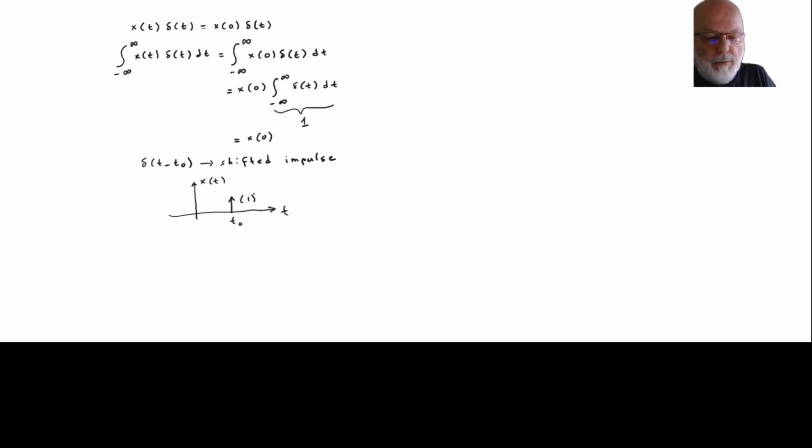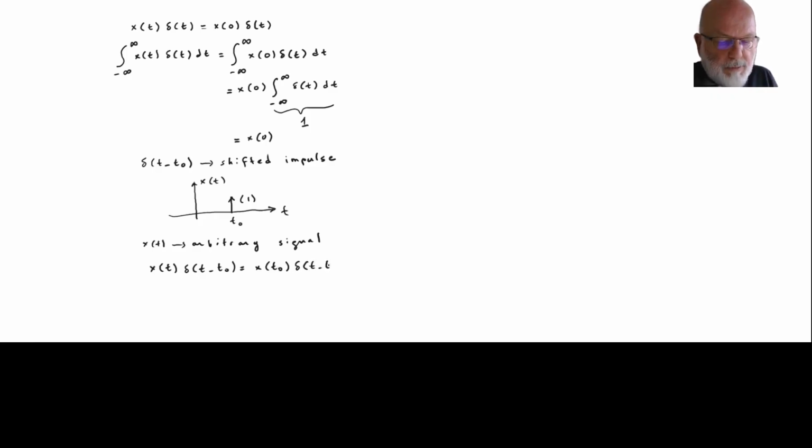Okay, now what about the product of x of t with delta of t minus t0 for an arbitrary signal x of t? So again, x of t is an arbitrary signal. x of t times delta of t minus t0 is x of t0 delta of t minus t0, right?